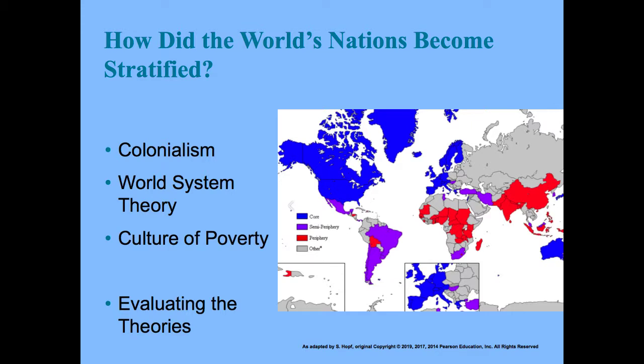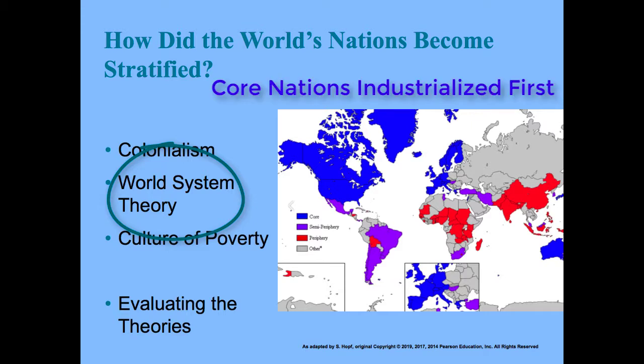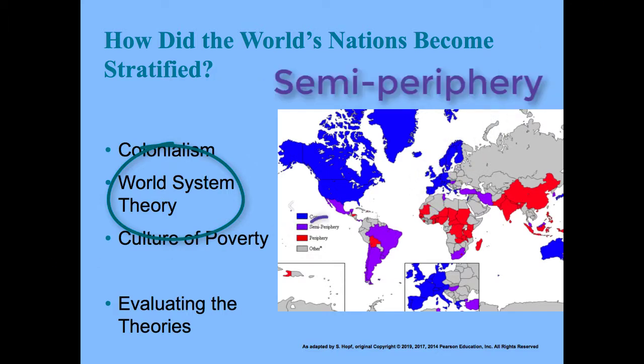A different model, called world system theory, finds that 4 groups of nations exist. The core nations are those that industrialized first: Britain, France, Holland, and Germany, and they grew rich and powerful. The second group is the semi-periphery, which are located mostly in the Mediterranean, and their economies stagnated because they grew dependent on trade with the core nations.